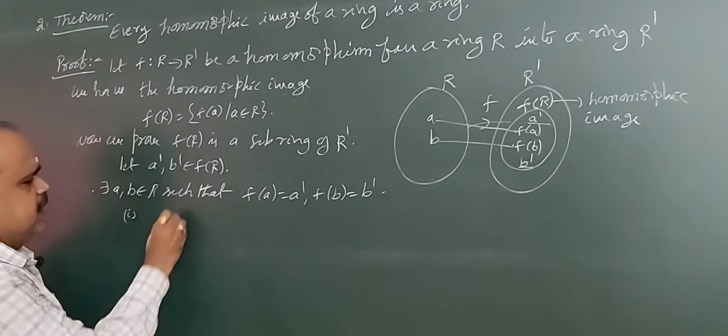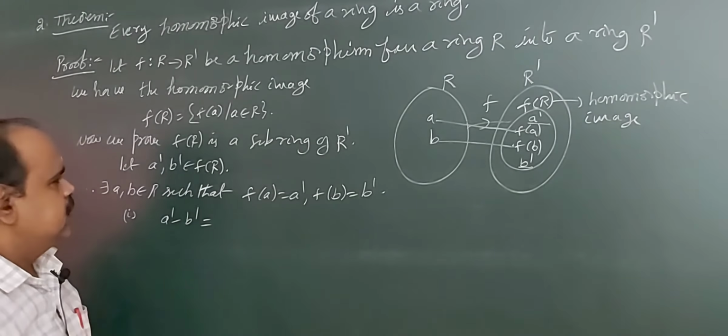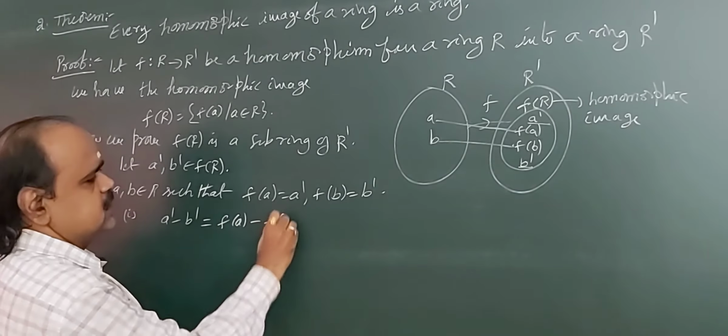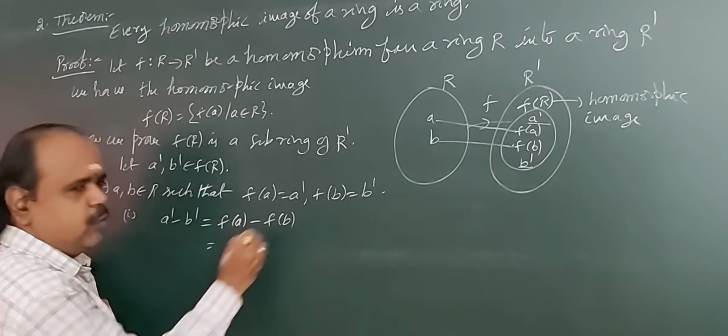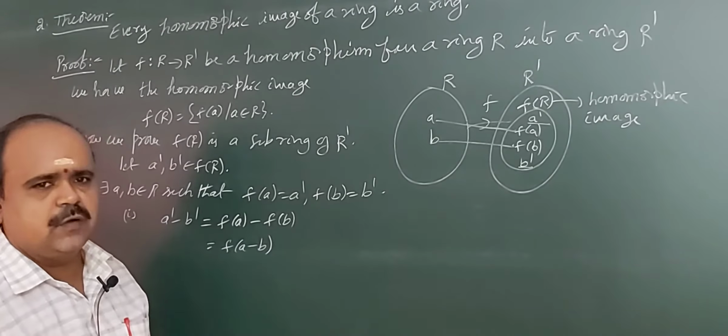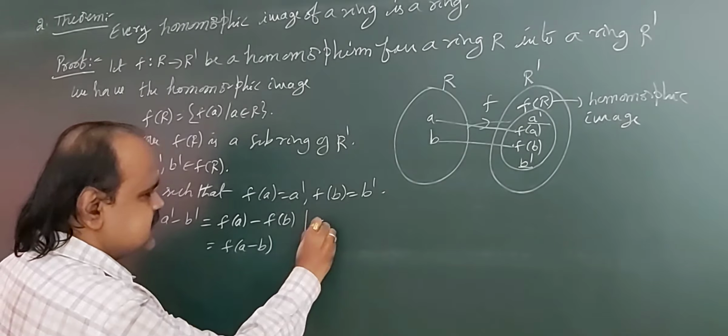Now the first condition. a dash minus b dash, where a dash means f of a and b dash means f of b. Since f is a homomorphism, we have f of a minus f of b equals f of a minus b.